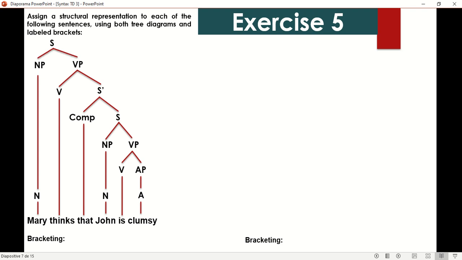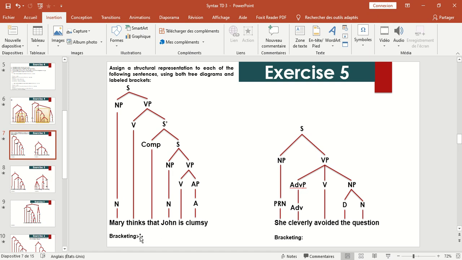Now, let's do the bracketing together. We said that in bracketing, everything is easy once you have the tree drawn in front of you. So what do we have here? We are going to translate what is here.